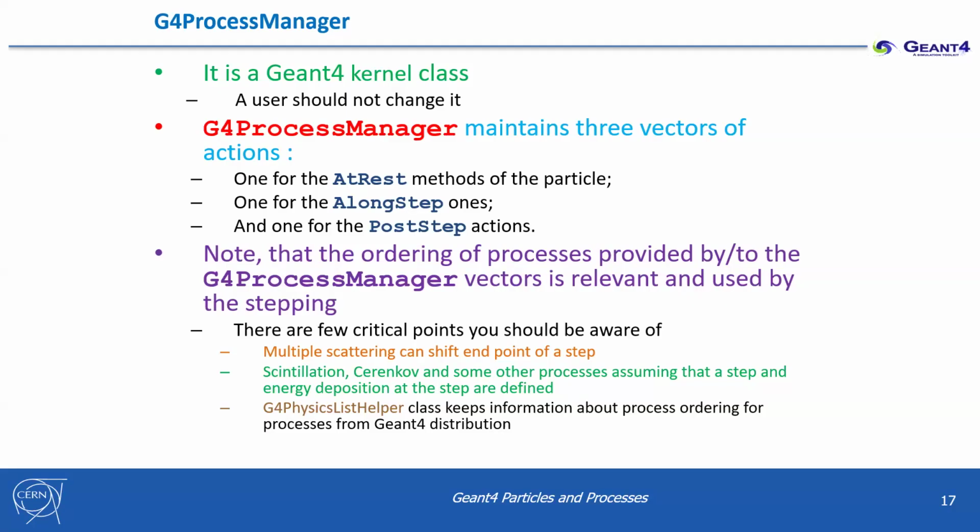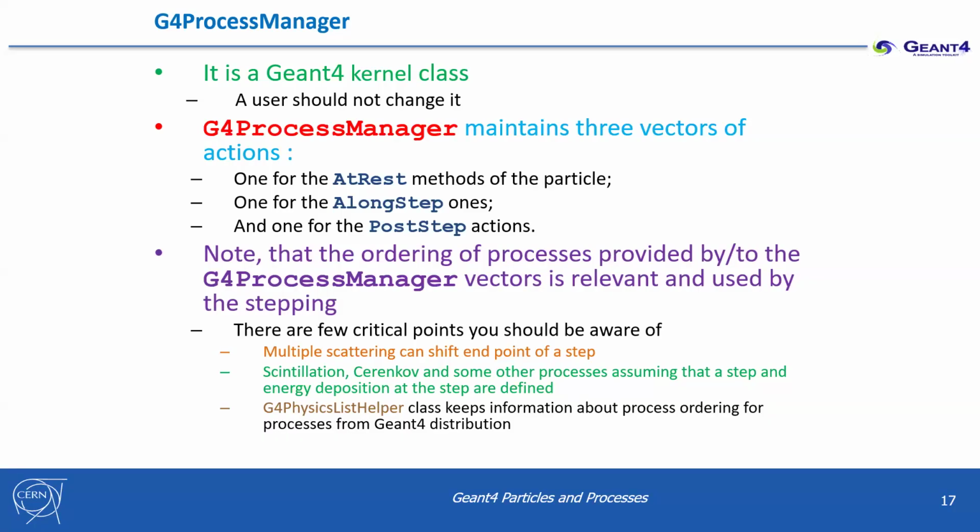But there is a drawback, because one needs to use these processes accurately, because multiple scattering can shift the end point of a step. If you have many elastic scatterings on a track of a particle, it is possible that the end point of a given step is slightly shifted.